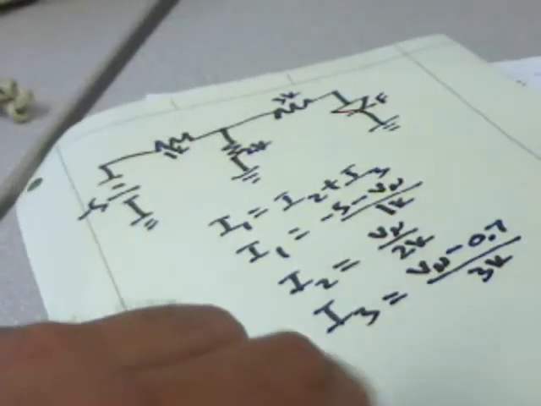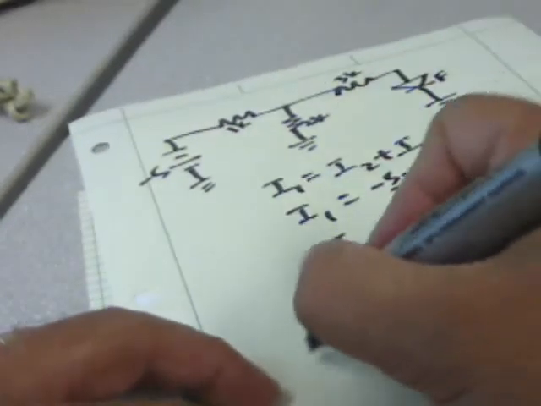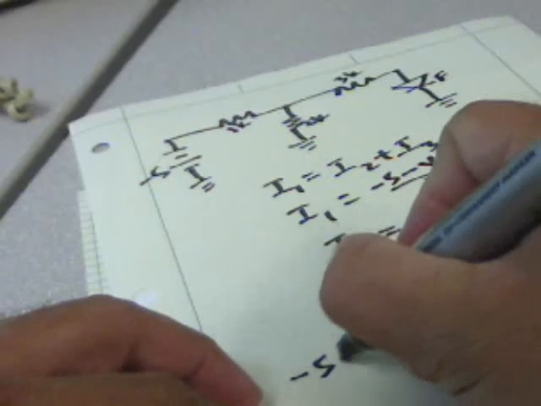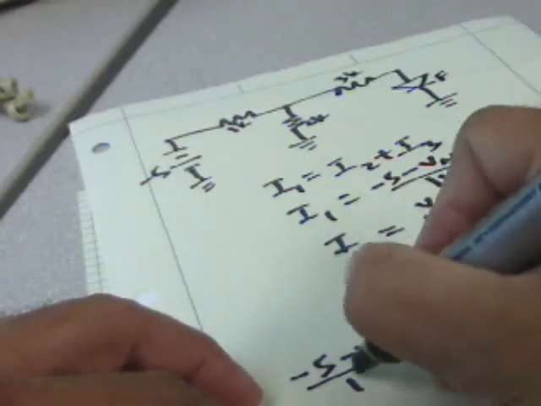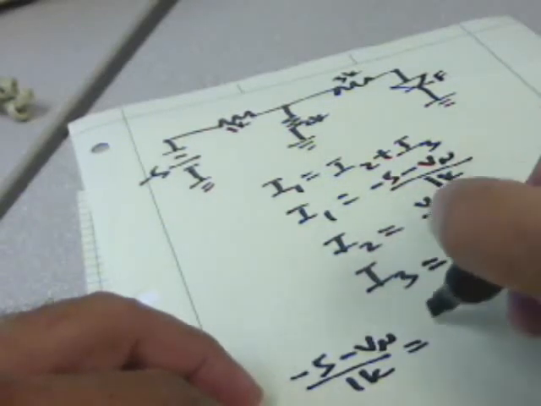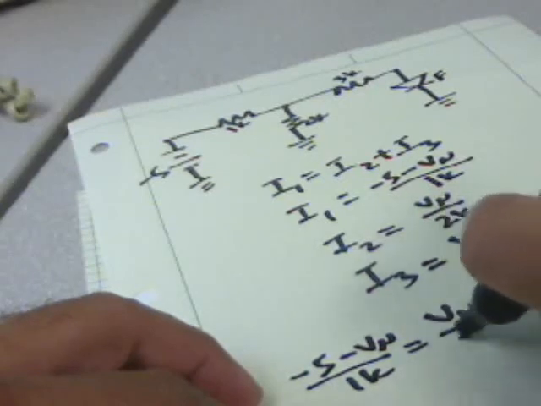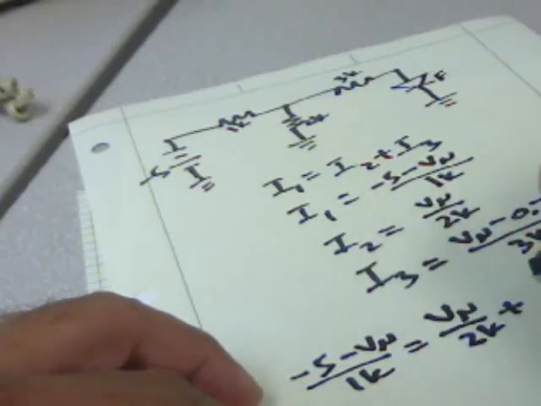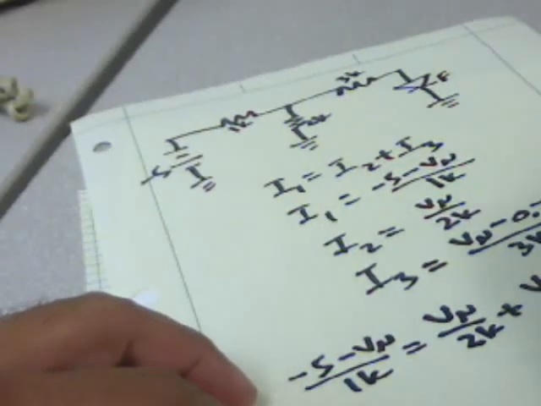We can plug them in and start solving, and we have minus 5 minus Vn divided by 1K is equal to Vn divided by 2K plus Vn minus 0.7 divided by 3K.